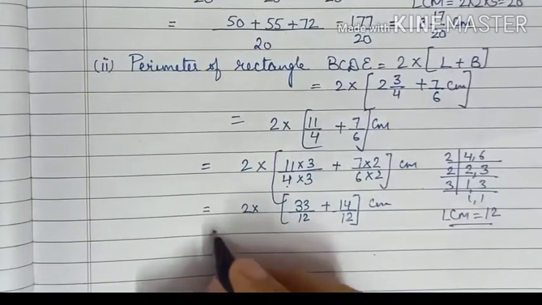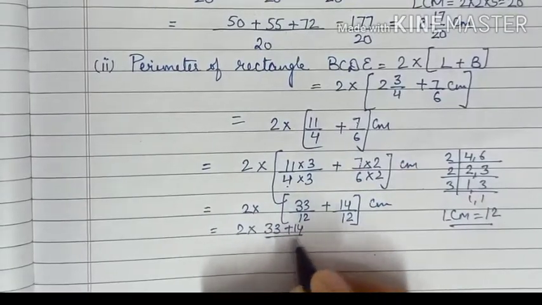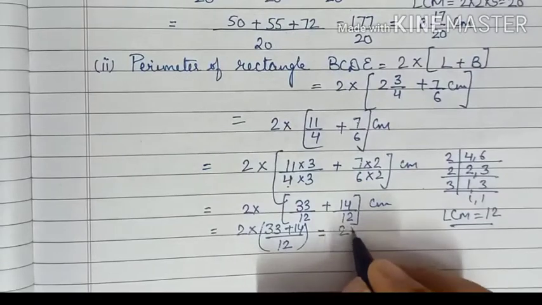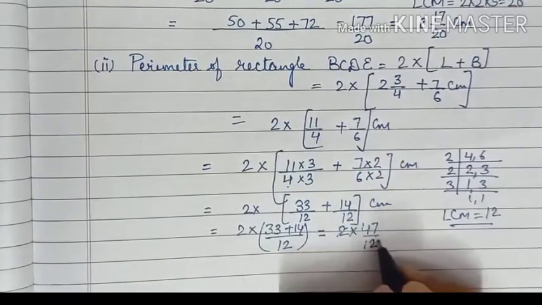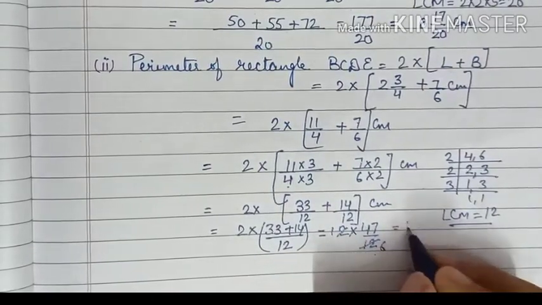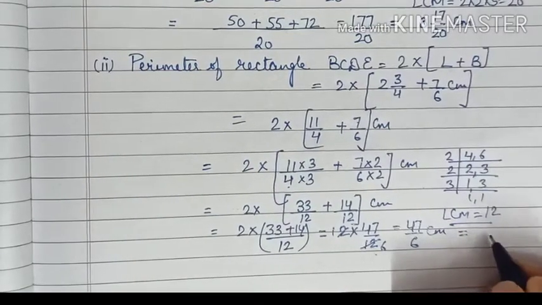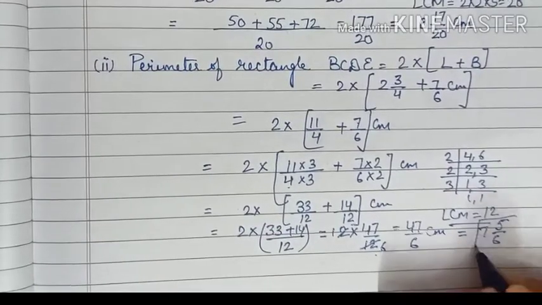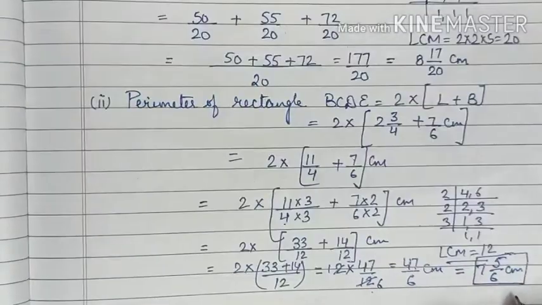Now we will add it. 2 multiplied by 33 plus 14 upon the common denominator 12. So it will be equal to 2 multiplied by 47 upon 12. We can cancel now. 2 ones are 2, 2 sixes are 12. So we will have 47 upon 6 centimeter. And in mixed fraction it is equal to 7 and 5 by 6 centimeter.